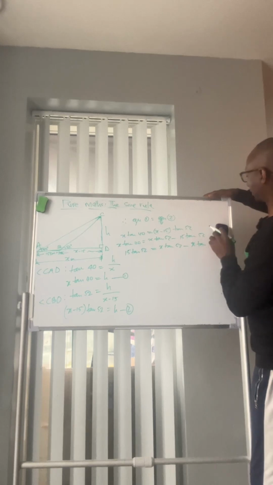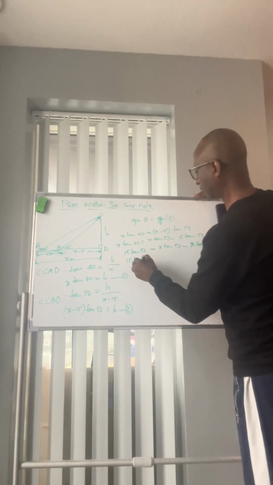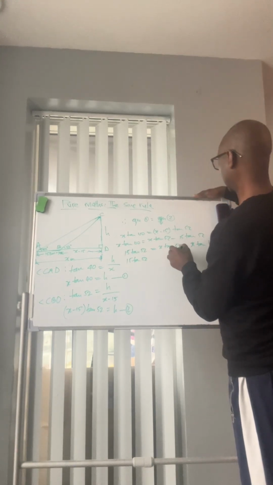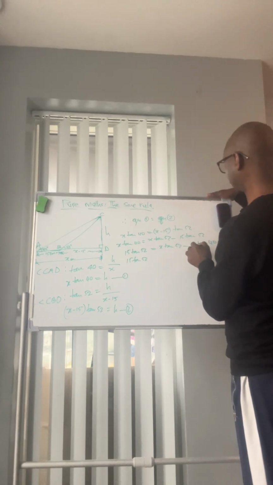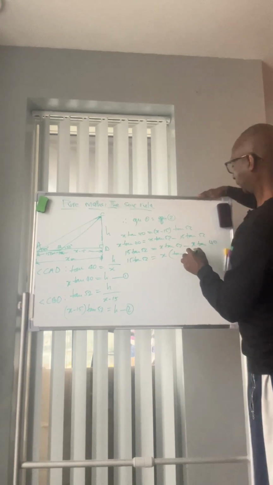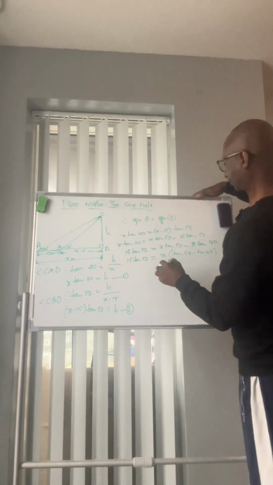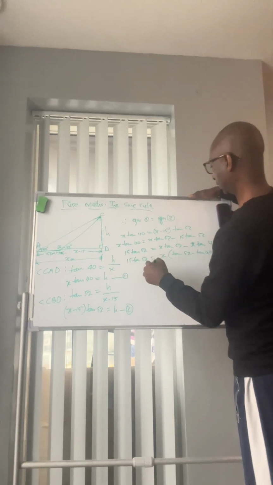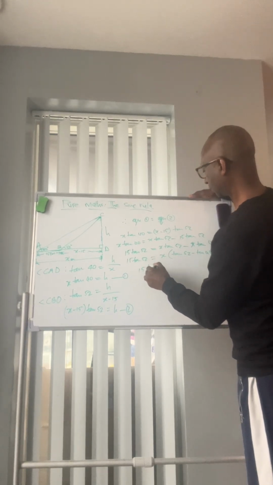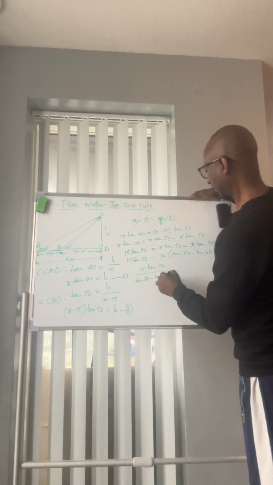So I now have x tan 52 minus x tan 40, so I can factor out x. So therefore x will be equal to 15 tan 52 divided by tan 52 minus tan 40.